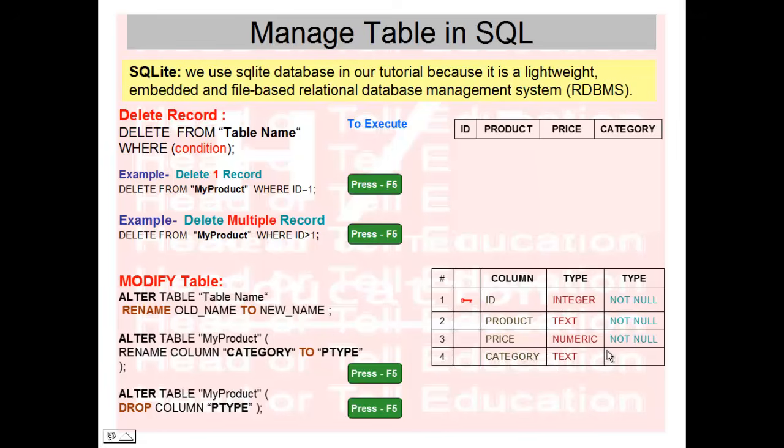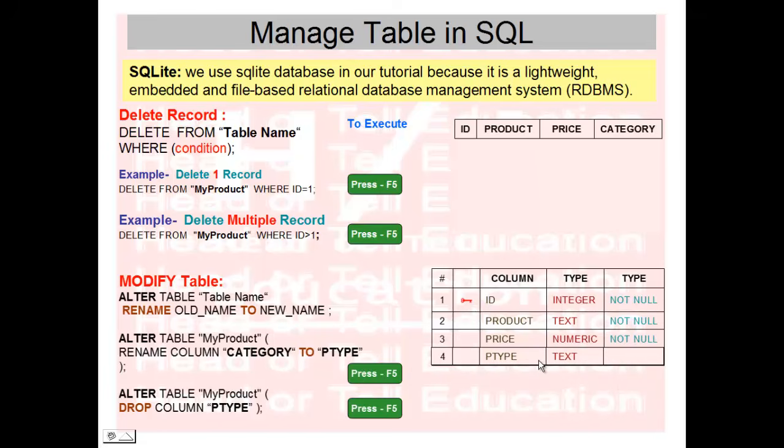First, to modify the table we use the alter command. To rename this category column, the command is alter table, table name, rename column old name to new name. So here: alter table my product rename column category to p type, meaning product type. Now pressing F5, the column is renamed to p type.